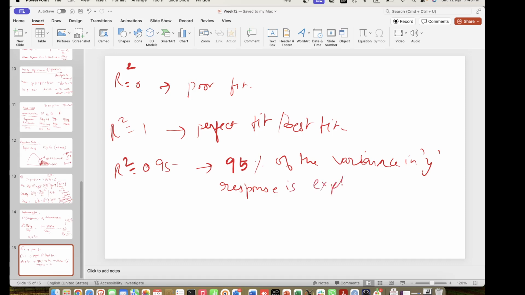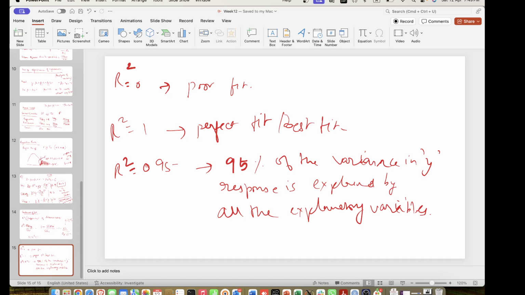is explained by all the explanatory variables. Mind you, the number of parameters is the number of unknown betas, but the number of explanatory variables means the number of x's.